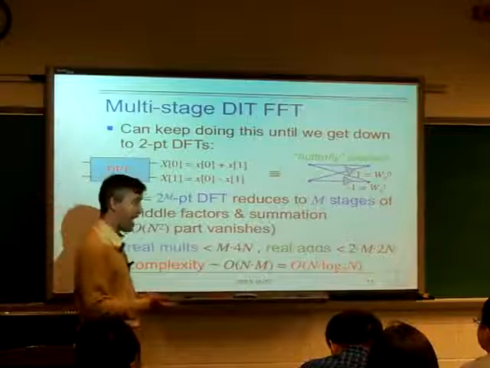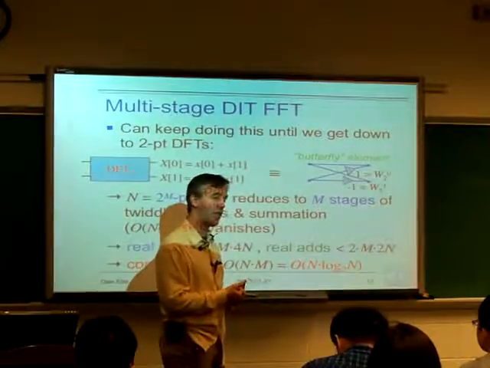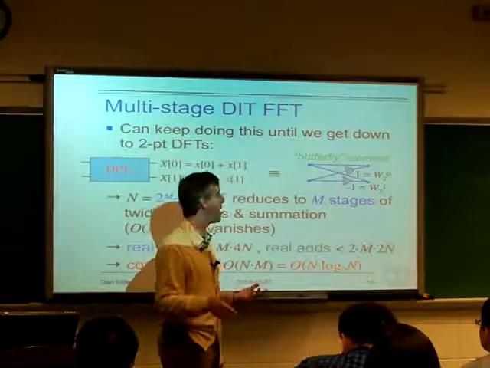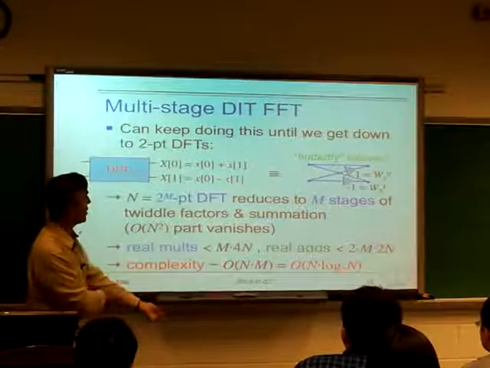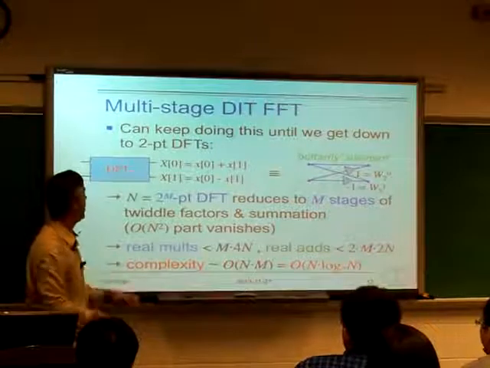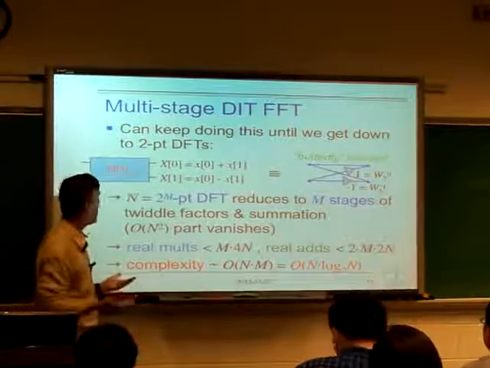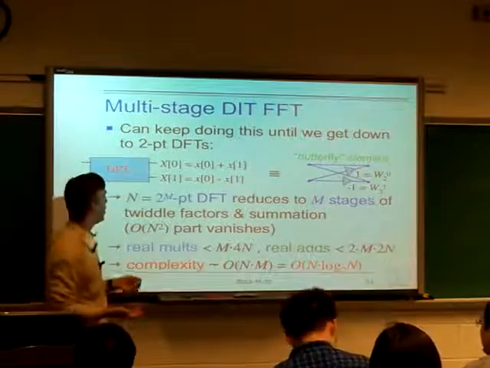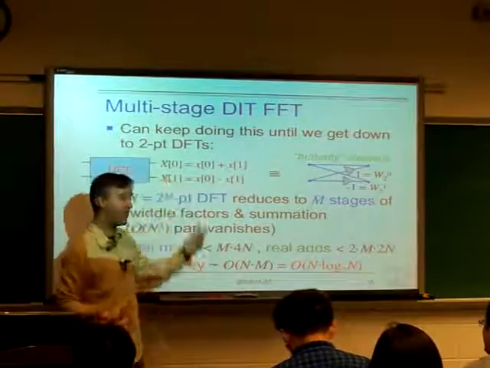Of course, now we can keep doing this. Every time we're just decomposing into shorter DFTs, so we can just do this again and again. Eventually, we get down to very short DFTs, which is actually what just happened for our 8-point example. A 2-point DFT we can't decompose any further because it's a pretty trivial operation. One output is the sum of the two inputs, and the other output is the difference of the two inputs.